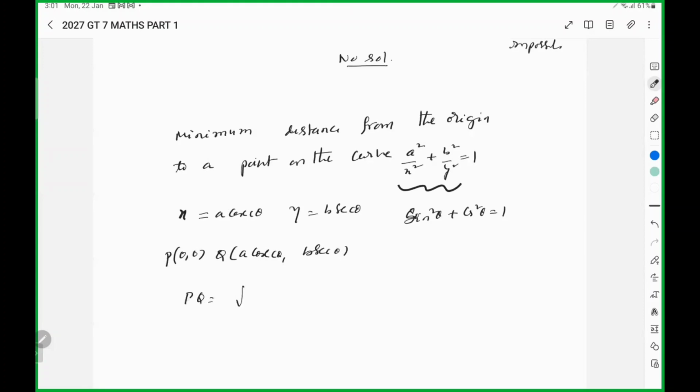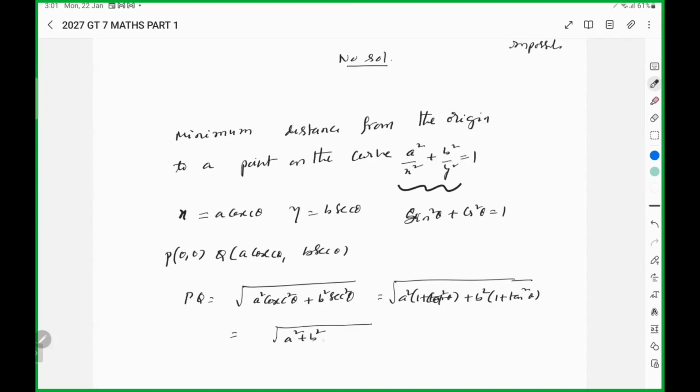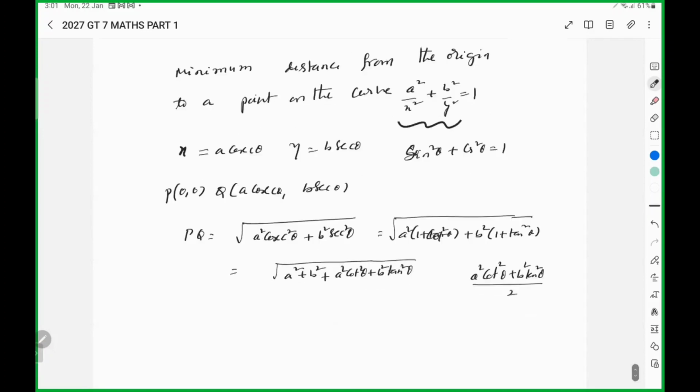PQ will be a square cosecant square theta plus this cot square here, b square into 1 plus tan square. So a square plus b square, a square cot square plus b square tan square theta.